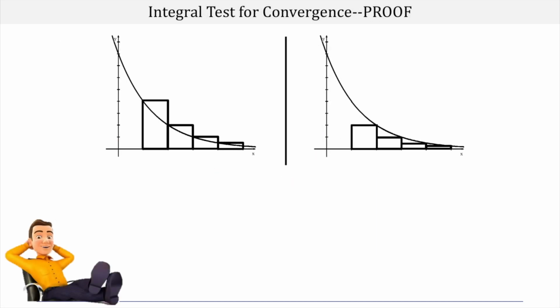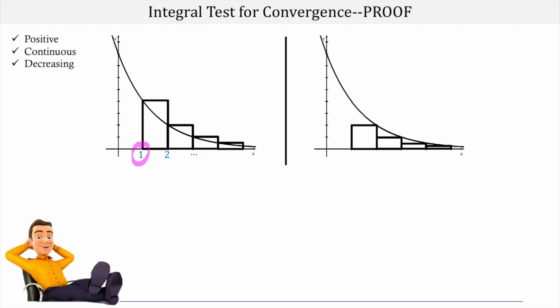Now I'm going to show you the proof for this, and you don't have to know how to come up with this proof, but it's important to see where this integral test comes from. So I have a positive, continuous, and decreasing function. And let's start filling in some of the things we know. We've got an x value of 1 and then an x value of 2.